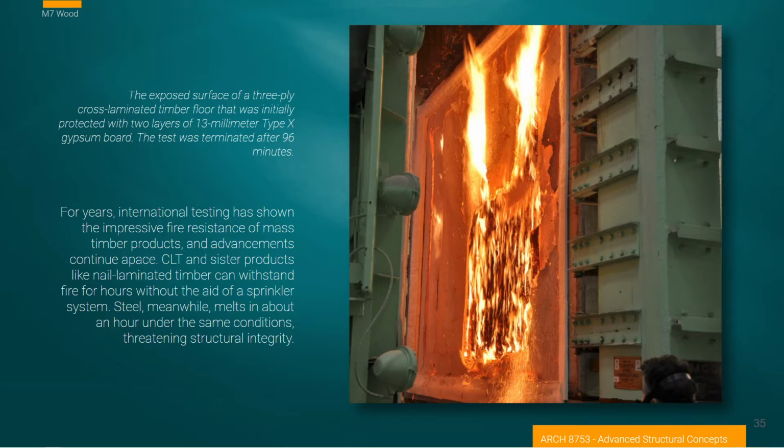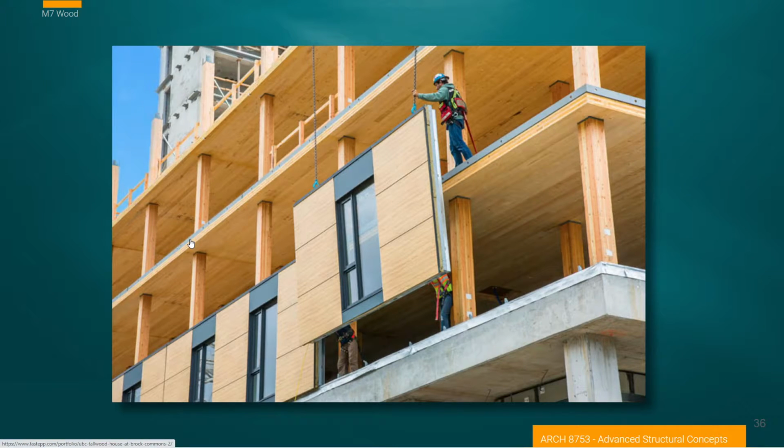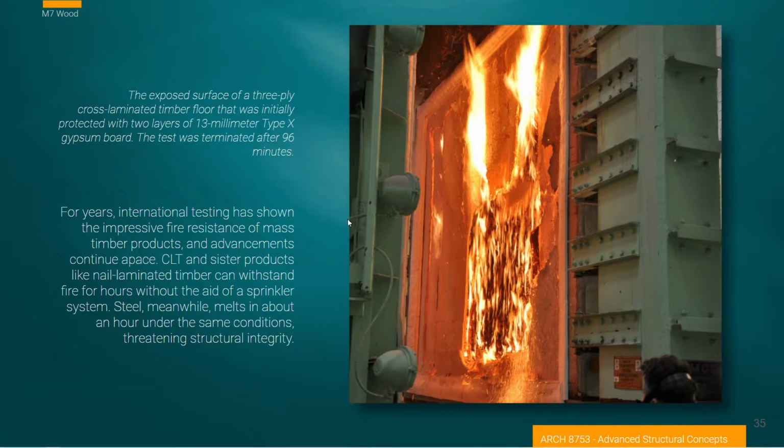So we're all pretty well aware that wood can have really great performance properties because of the fact that it will char out and insulate the other wood elements. So we really don't have many concerns about using wood in structures when we're replacing steel and concrete. The only thought to be carried through with this, and I might mention this later on, is that wood is a fuel source, so it's also contributing to fire.